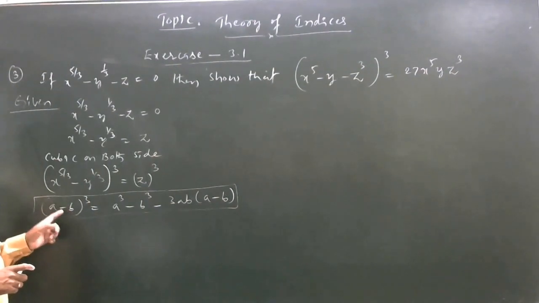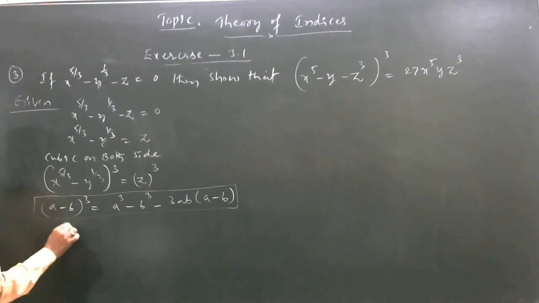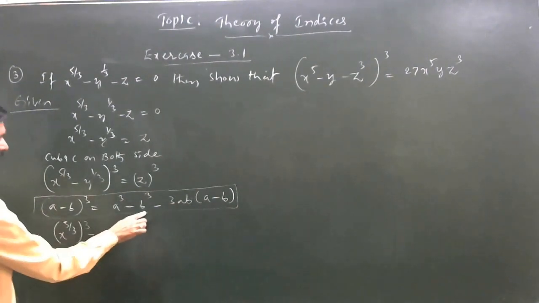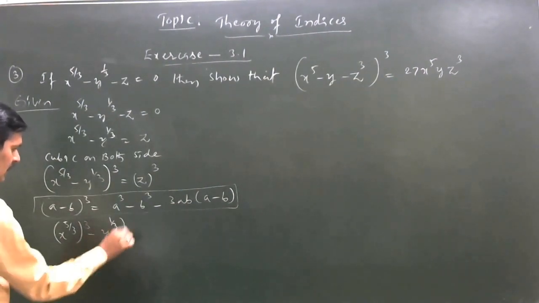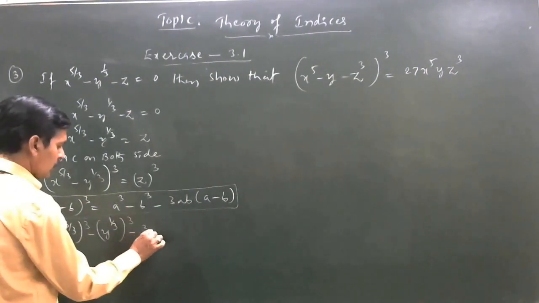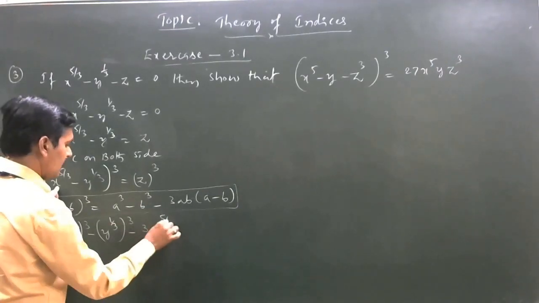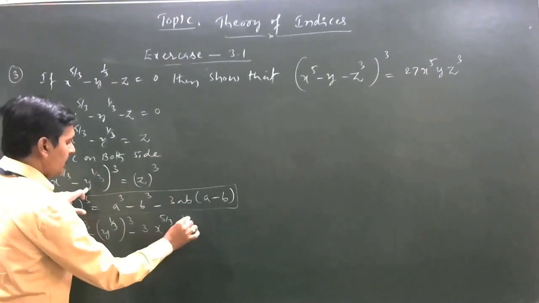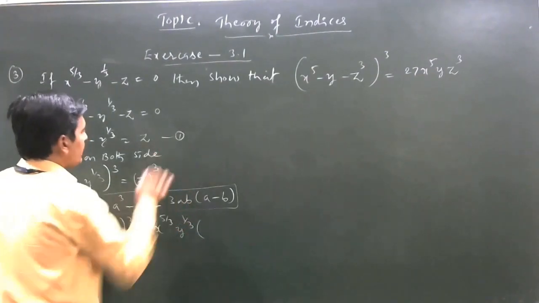By applying this formula, a cube: what is the a value? (x power 5 by 3) whole power 3, minus b cube: what is the b value? (y power 1 by 3) whole power 3, minus 3 into a, which is x power 5 by 3, into b, which is y power 1 by 3, into (a minus b).